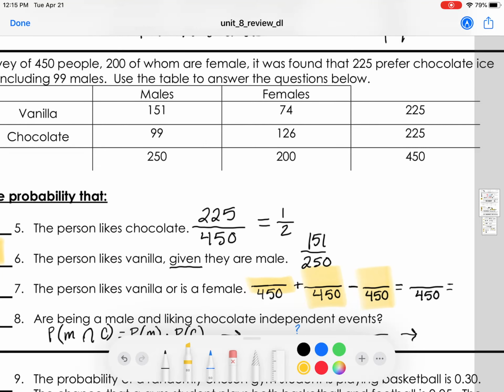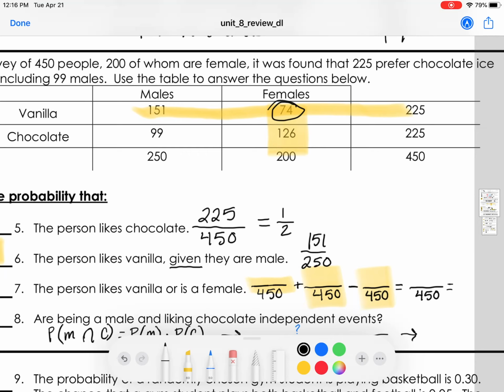And so I'll show you how this works as far as a table goes. I'm going to highlight the people who like vanilla, which would be this row right here. And then I highlight the people who are female. And where that overlaps is that 74.